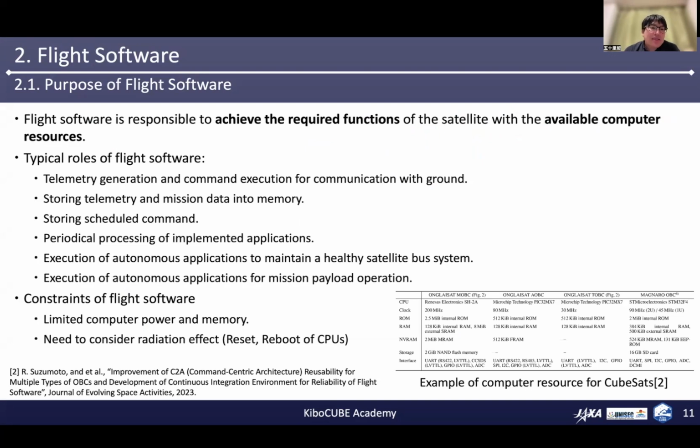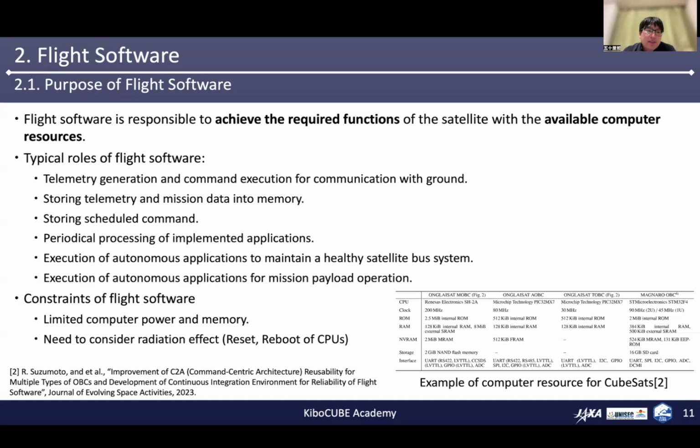The first one is telemetry generation and command execution for communication with ground stations. And second is storing telemetry and mission data into onboard memory. And also we need to store the scheduled commands.